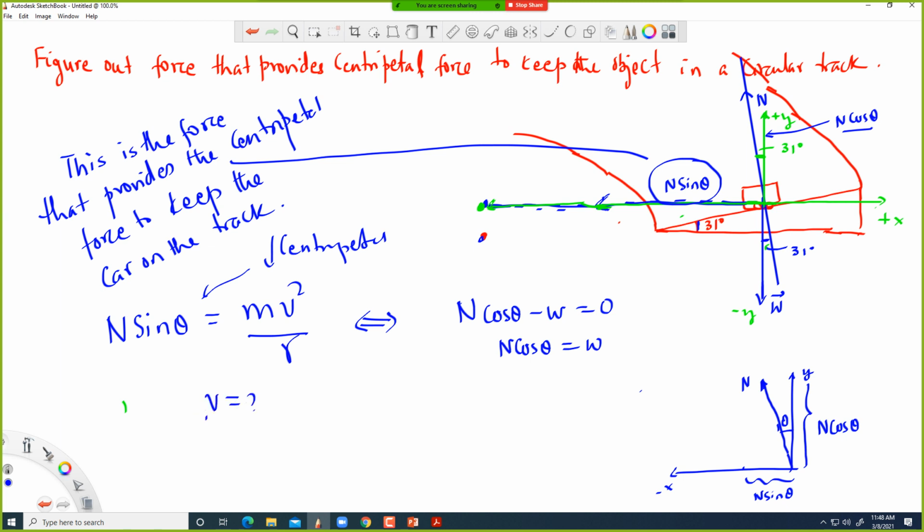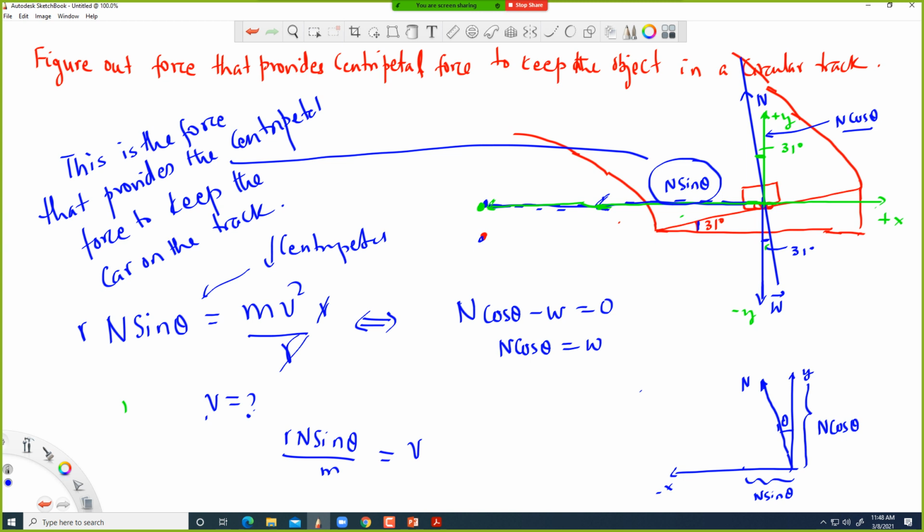Now, how would you do that? How do you solve this? Multiply by r. Yes, you can do that. So you can cancel that and that. And then you get r n sine theta. Okay, you can take m down here and v squared. But the problem here with this is we don't have n given in the question.